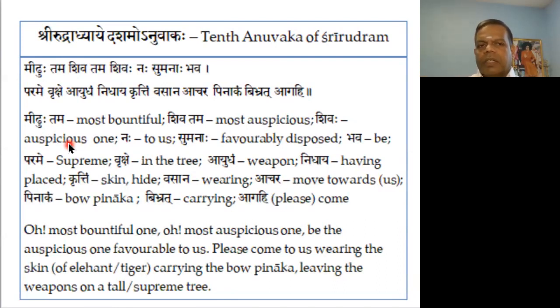In Sanskrit, Midhu is bountiful, Midhustara means more bountiful, and Tama means superlative, most bountiful. So we are calling him Midhushtama.